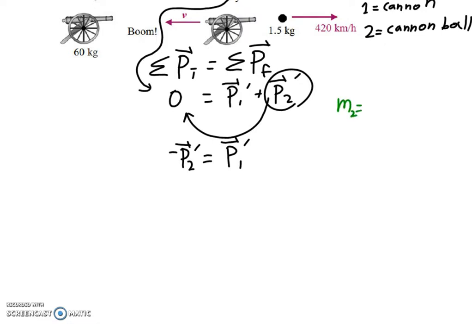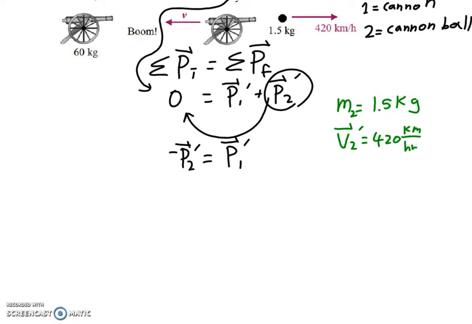Now, let's write down the clues that are given, which is our second step. We have our second mass given, which is the cannonball, 1.5 kg. The good thing is we don't have to change our unit into kilograms, unlike the previous one, except probably some people say it's even worse. We have kilometers per hour.